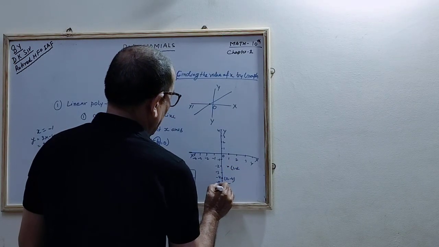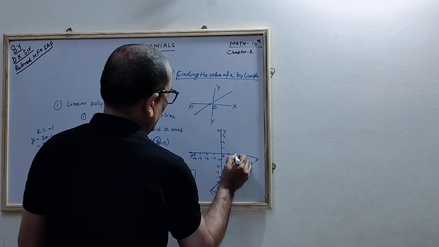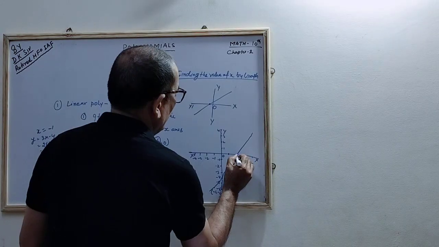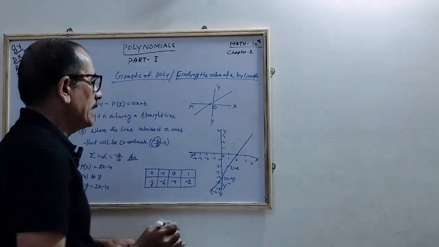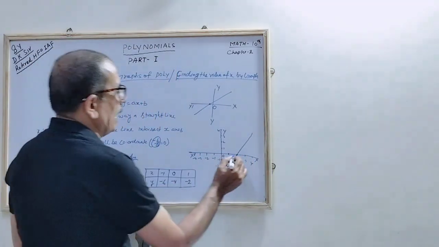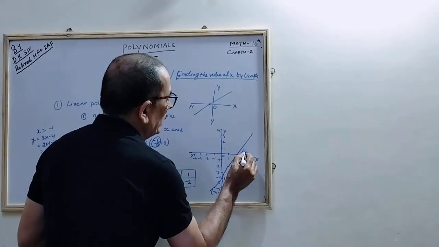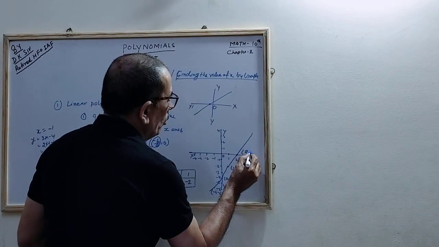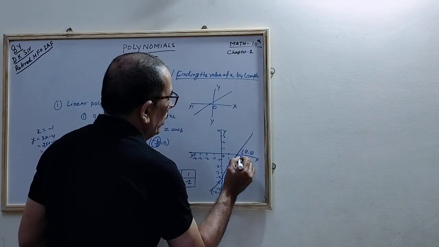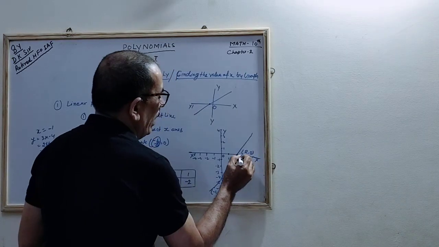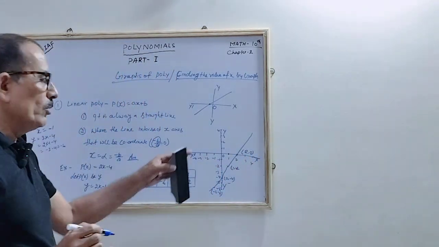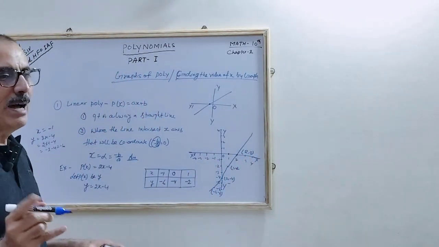When we draw a line, it will go somewhere like that. Can you see where it is intersecting the x-axis? It intersects at the point with coordinates (2, 0), because on the x-axis the y value is always 0.